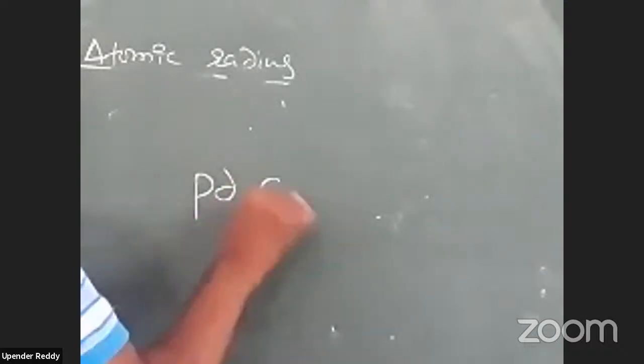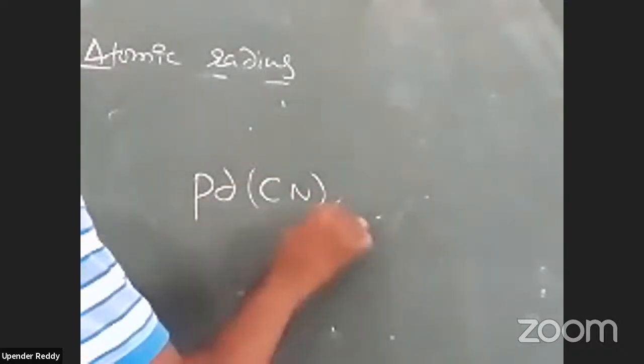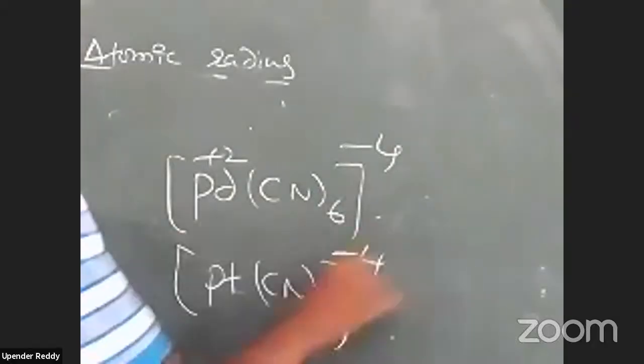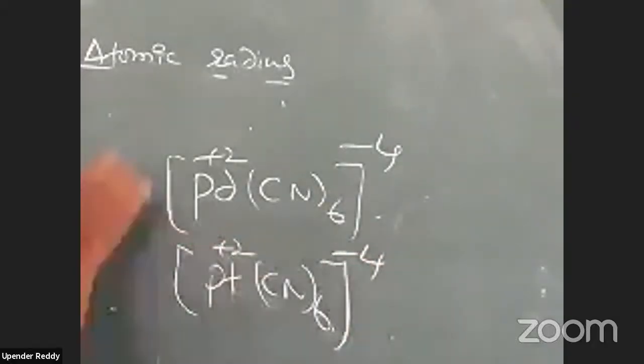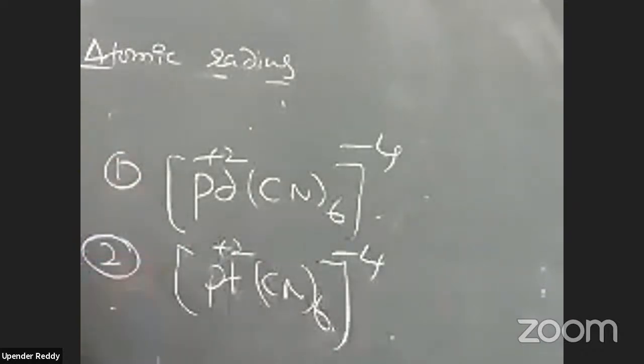Palladium CN6 -4, palladium +2. Platinum CN6 -4, platinum +2. Compound 1, compound 2. You can type or say which is the more stable compound.